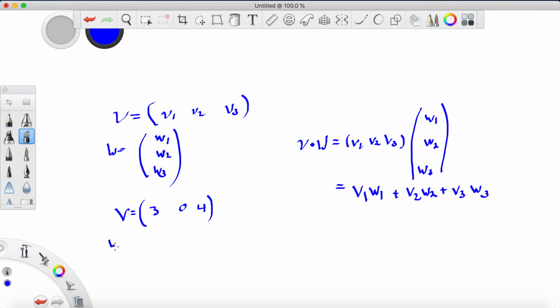So, refresher. 3, 0, 4 and let's say 5, 1, 3, and let's pretend that's a column vector. I'll put T here for transpose. We'll talk about that in a little bit. We should do it properly the first time.